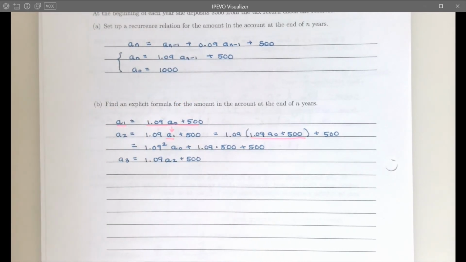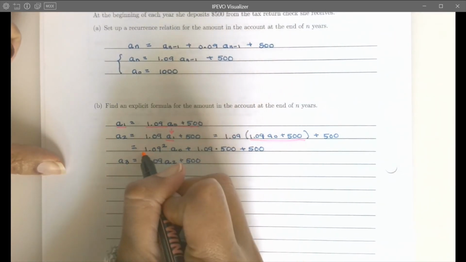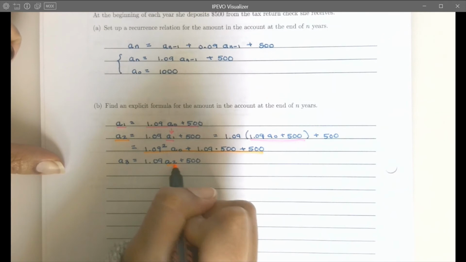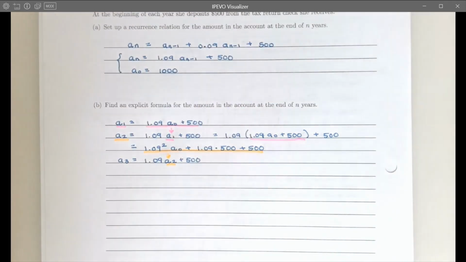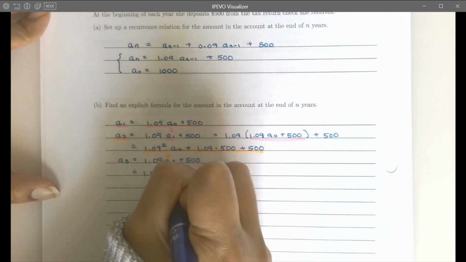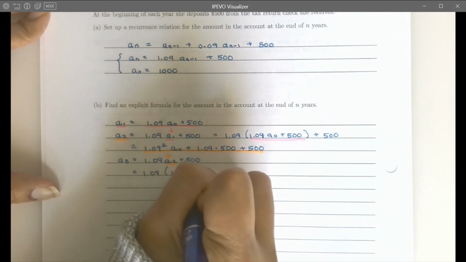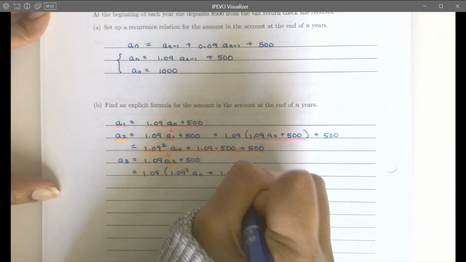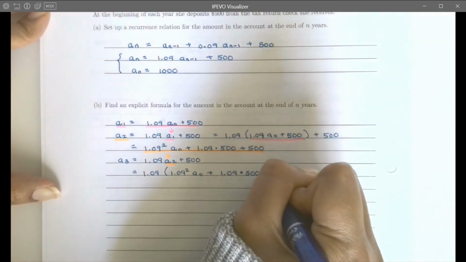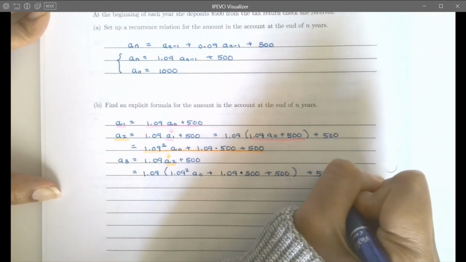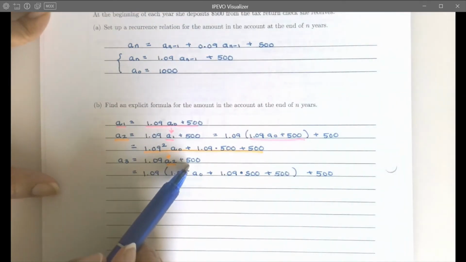But then what we'll do is take the final outcome of A2 and replace it into the expression for A3, and that'll give us 1.09 times (1.09 squared A0 plus 1.09 times 500 plus 500), and then don't forget to bring over the plus 500 from this term.